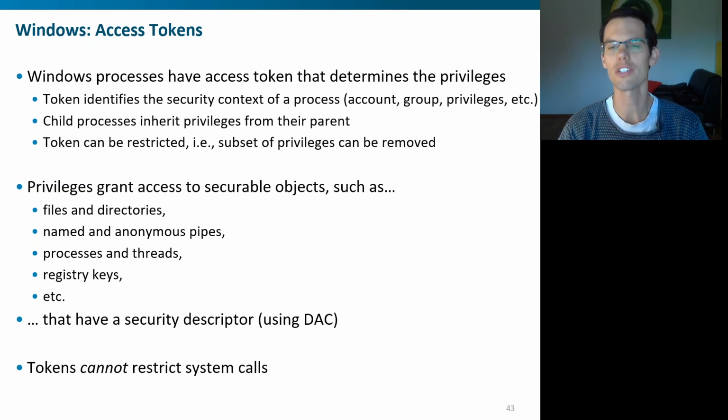And this token essentially identifies whatever the privileges are of the process, the account and the group the process belongs to, and so on. And these privileges can be quite fine-grained in Windows, so you can define privileges to access files and directories like Linux, or similar if you have named or anonymous pipes, another sort of file in Windows, to processes, threads, registry keys, and so on.